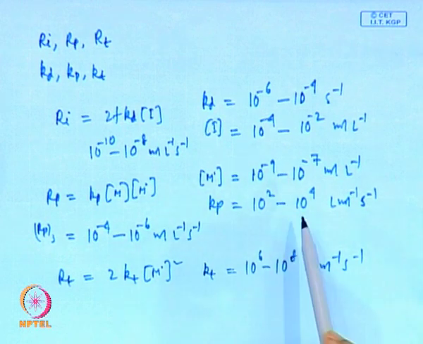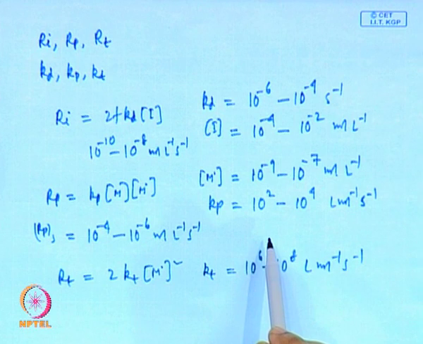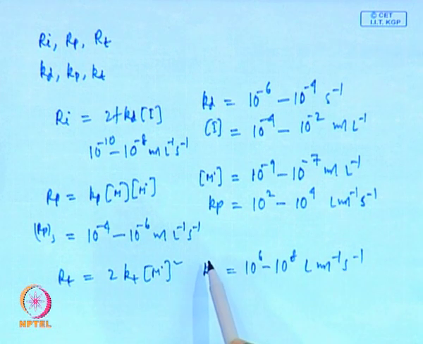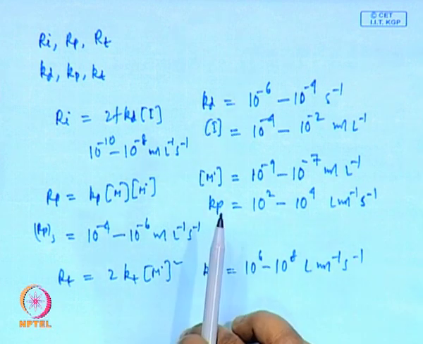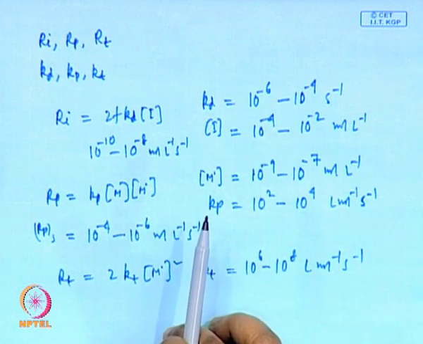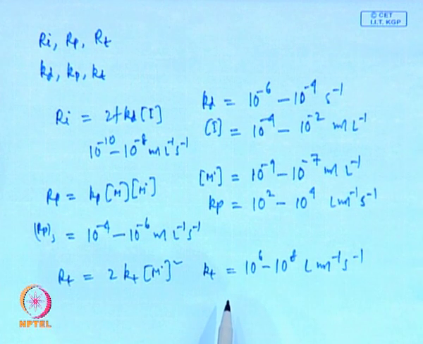Now, the values could be different for different monomers and solvent choice, and it could also vary on the various methods you have utilized to determine these values. So, it depends on the method, the monomer and the choice of solvent, but these are the typical values of the different rate constants and rates.